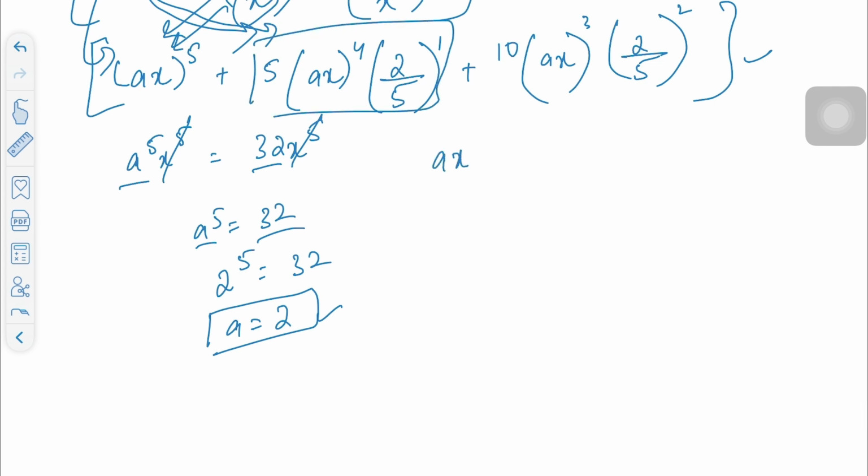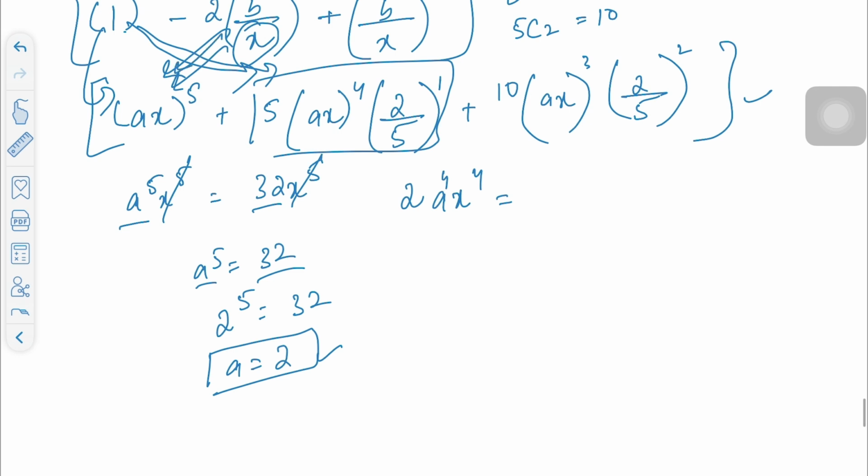We get our answer as ax to the power 4, and this is multiplied by 2, so we have 2ax to the power 4, and in this we'll have negative 2b over x is multiplied, so this would be x divided by this, so this would be x to the power 4, and we will be having this as a to the power 5, right? So we have this. Let's just plug in a's value.